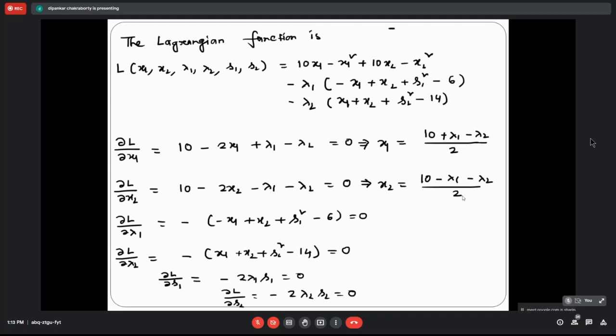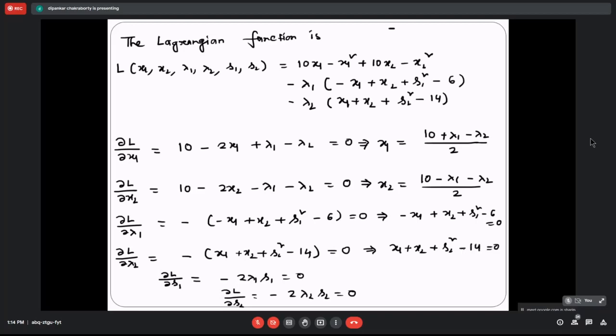Okay? Now, these equations you cannot evaluate directly because s1 square is there. So you can write this way: this is going to be minus x1 plus x2 plus s1 square minus 6 equal to 0. This is another equation. And this is going to be x1 plus x2 plus s2 square minus 14 equal to 0.